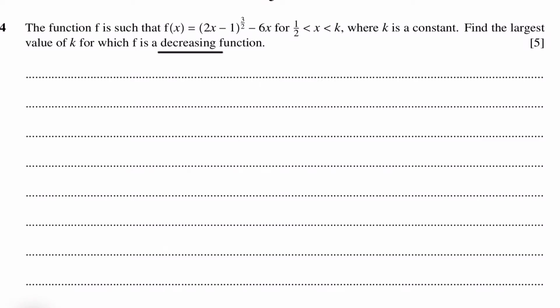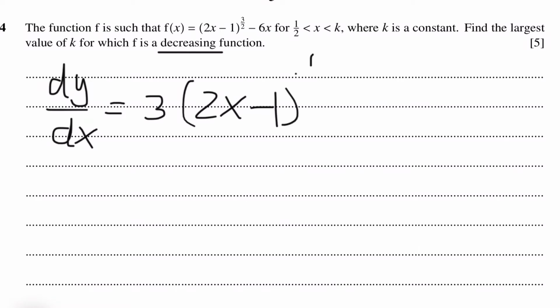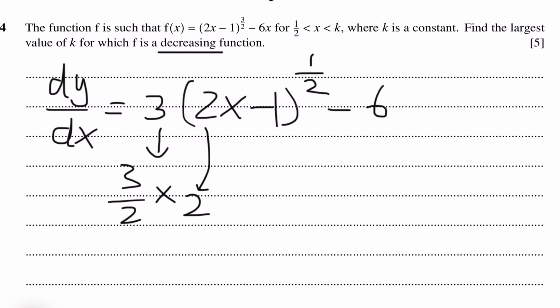So dy over dx is equal to 3(2x minus 1) to the power of a half. I get 3 from 3 over 2 multiplied by 2, minus 6. So you want this as a decreasing function.